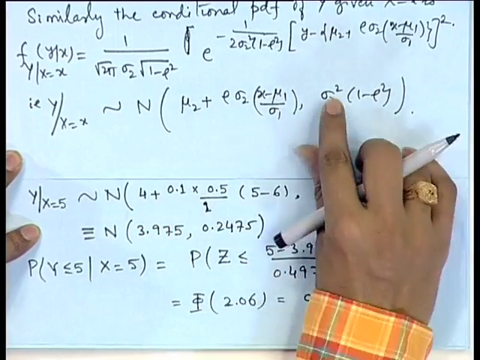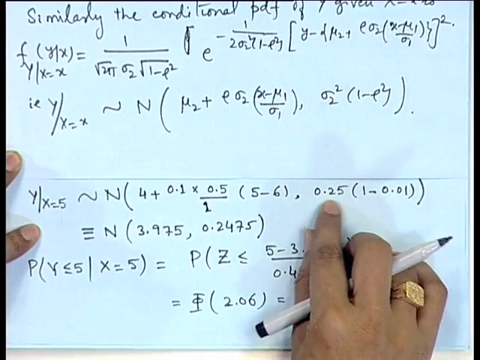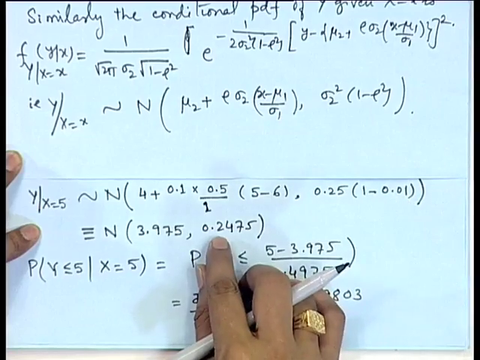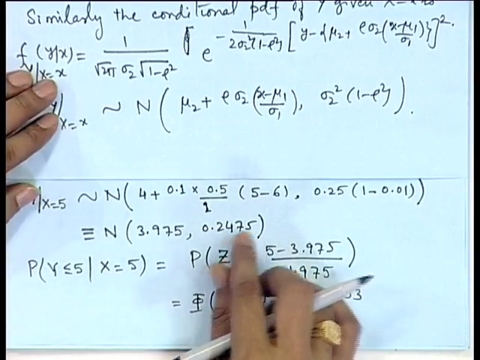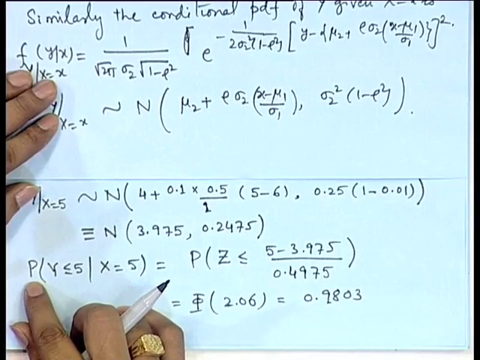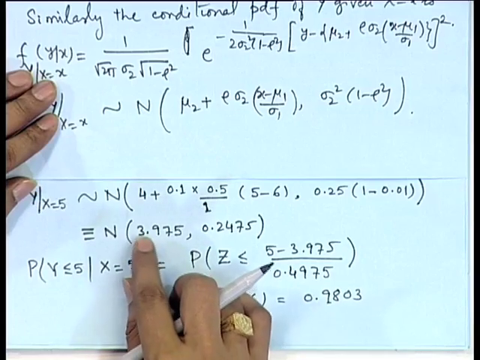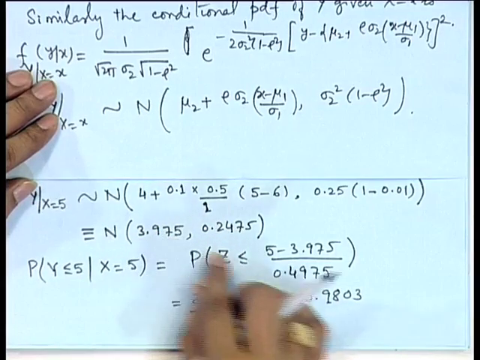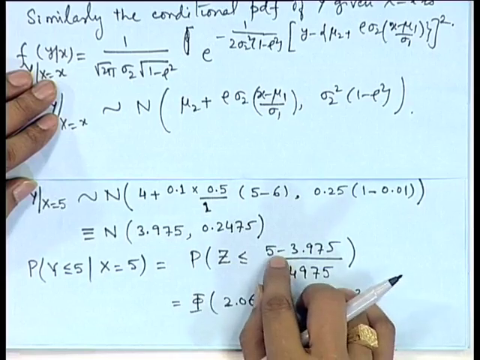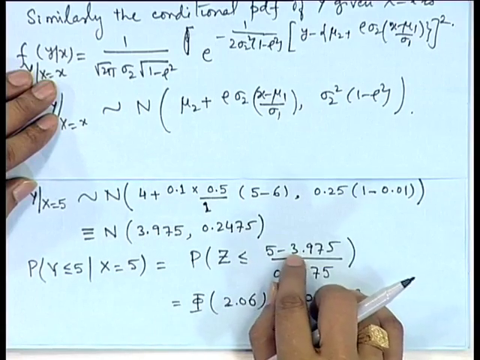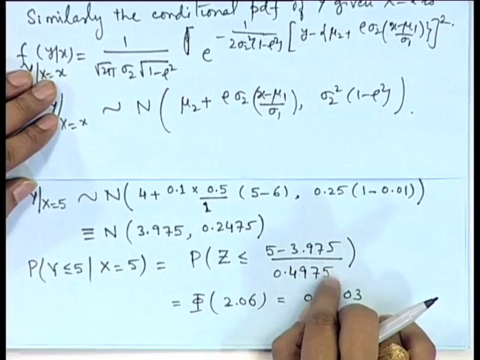The variance of the conditional distribution is sigma 2 square into 1 minus rho square, which is 0.25 into 1 minus 0.01. So, it is evaluated to be 0.2475. So, the conditional probability of y less than or equal to 5 given x equal to 5 can be calculated from this distribution. We transform it to the standard normal distribution. So, it is z less than or equal to (5 minus 3.975) divided by square root of 0.2475.